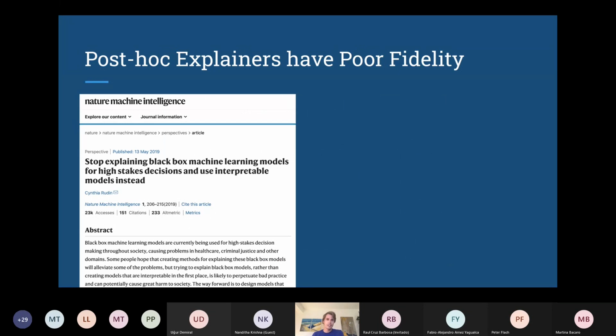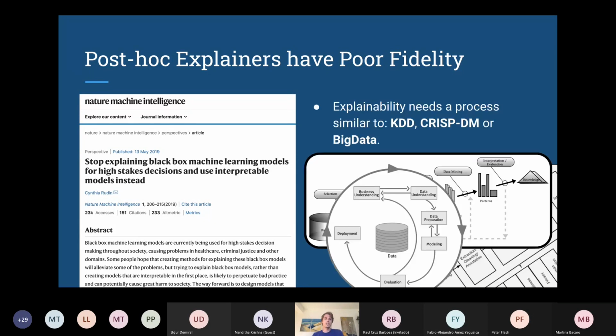There are reports of post-hoc explainers such as surrogates having poor fidelity. What fidelity means is that your explainer behaves differently in the region of interest to the underlying black box, which means that you don't quite mimic the black box well. Therefore, any explanation that you extract from your surrogate may be incorrect or misleading.